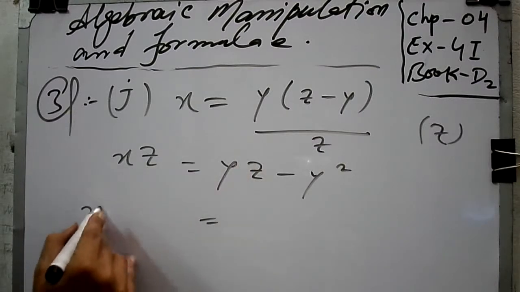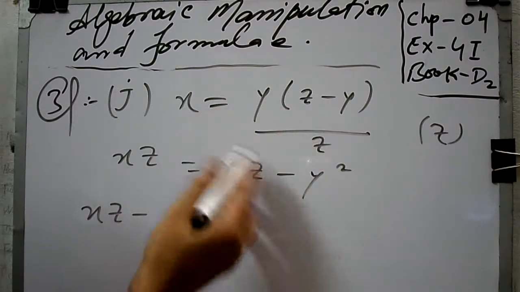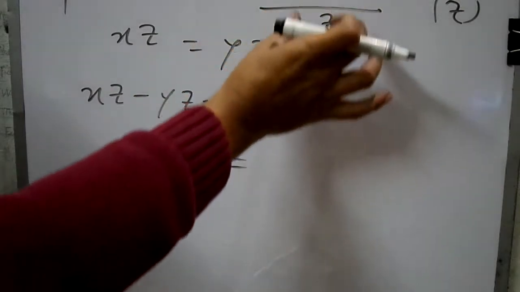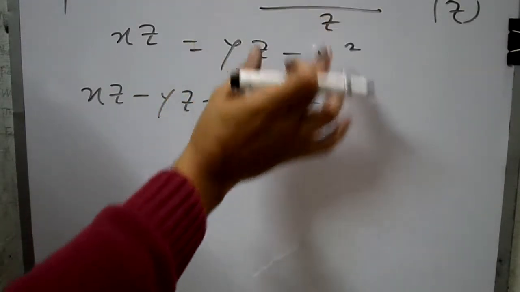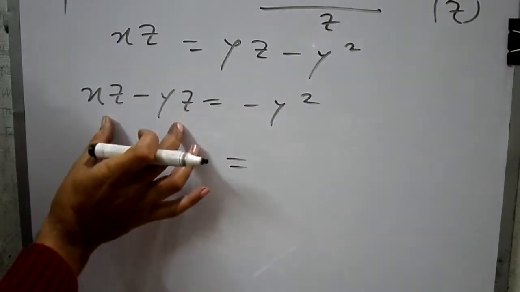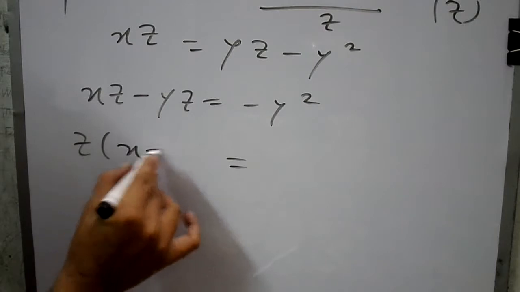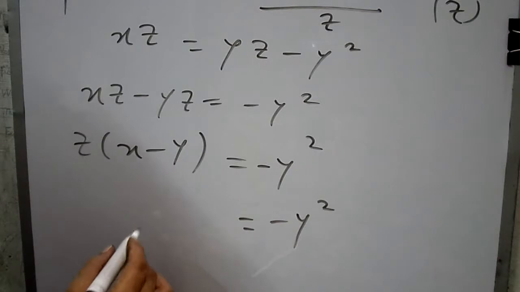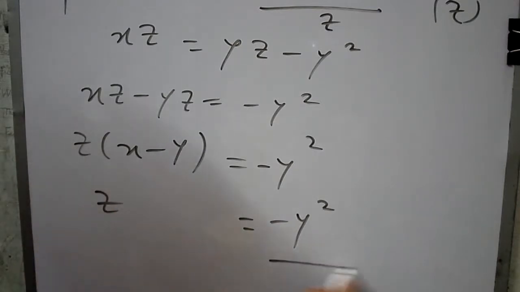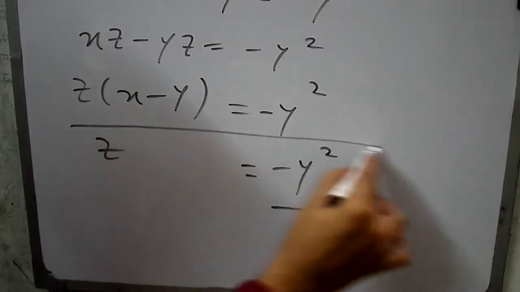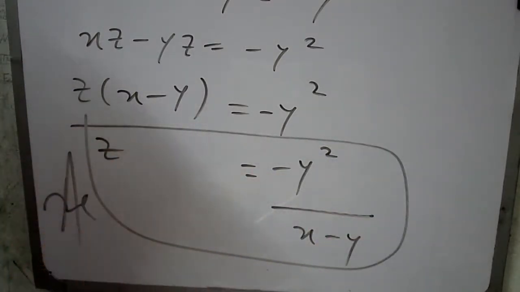So z will be shifted to one side because there are 2 z's, that's why minus z, so minus y square leave here. So you can see by cross multiplication and brackets after multiplication, we have shifted because of 2 z's, so take z as a common, so you will get x minus y, that is your y square. But you need the value of z only, so what should you do? You can see this x minus y will be divided, so that is your subject.